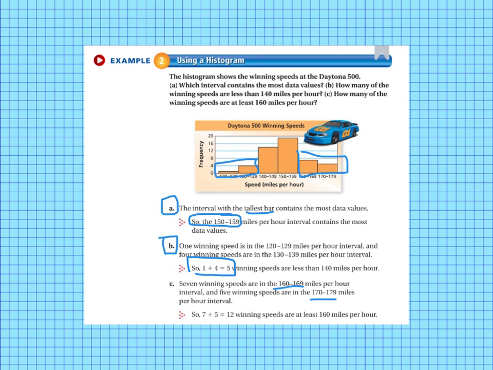So 7 plus 5 is 12. So that gives us 12 for that answer. So again, we are just counting up the ones that are 160 or greater. So that's our step. We are counting the speeds that are 160 miles per hour or greater.